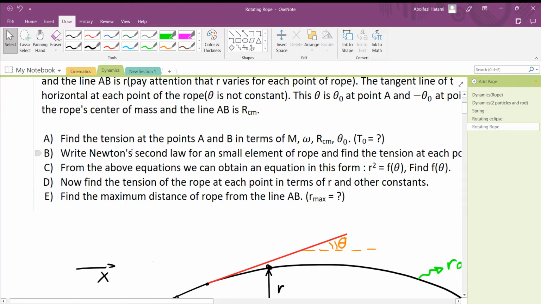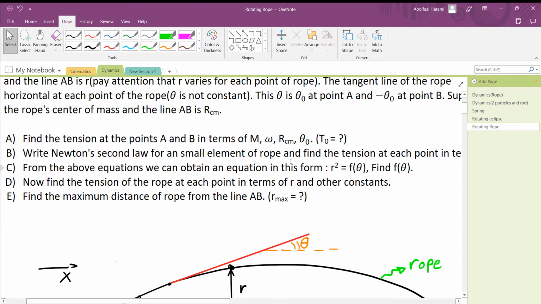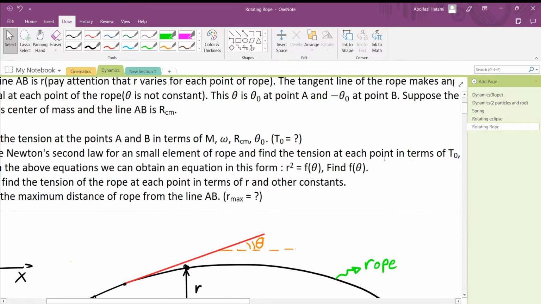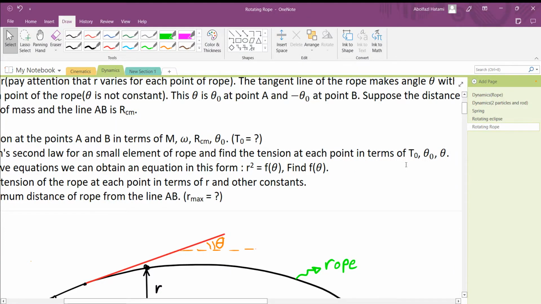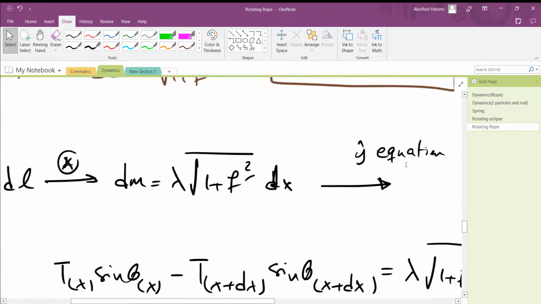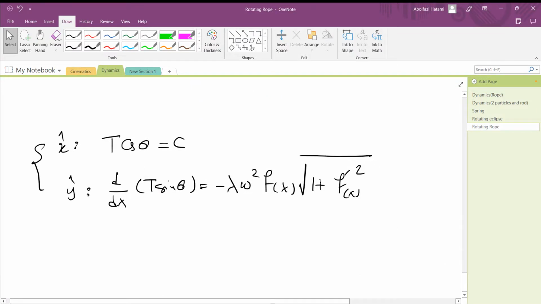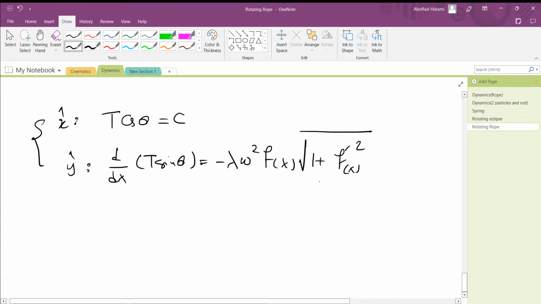equations. Part B says write Newton's second law for a small element, and it wants us just to find the tension at each point in terms of t0, theta 0, and theta. But how should we do that? We can use the x hat equation and find this constant c. But how can we find that? At theta equals 0, we had tension t0, and t0 cosine theta 0 is equal to t cosine theta.